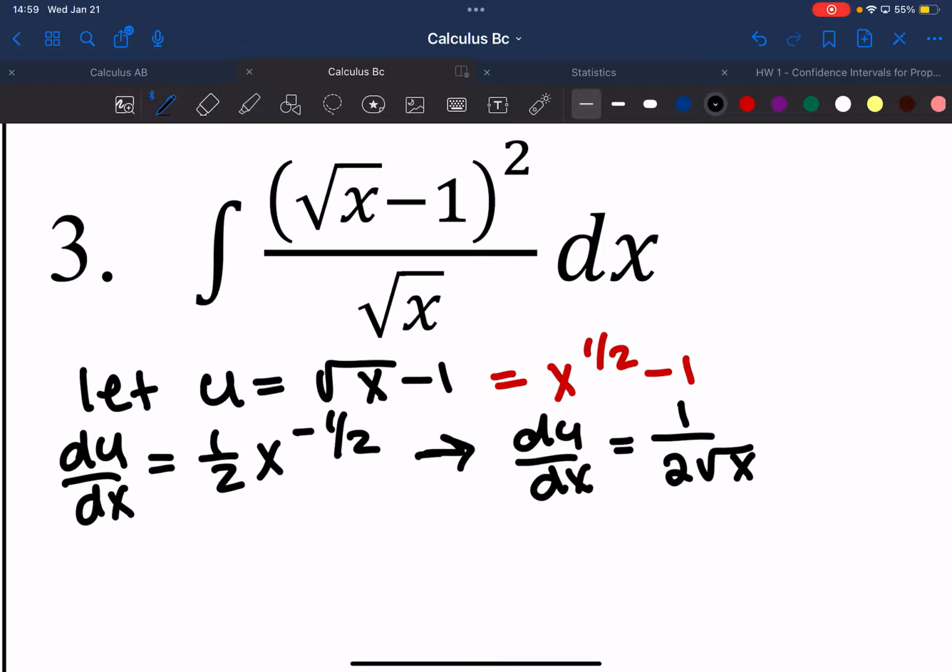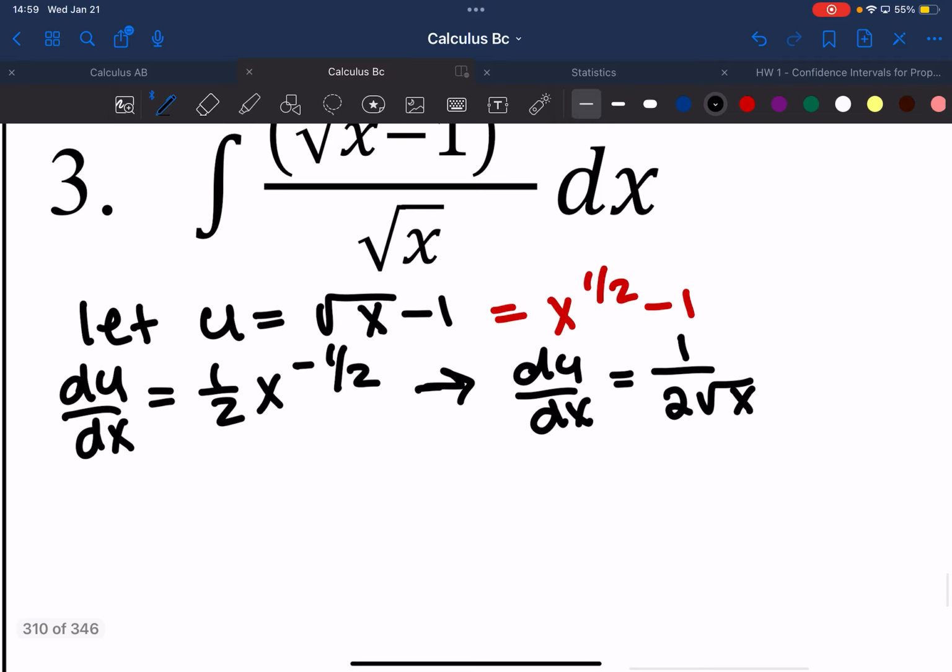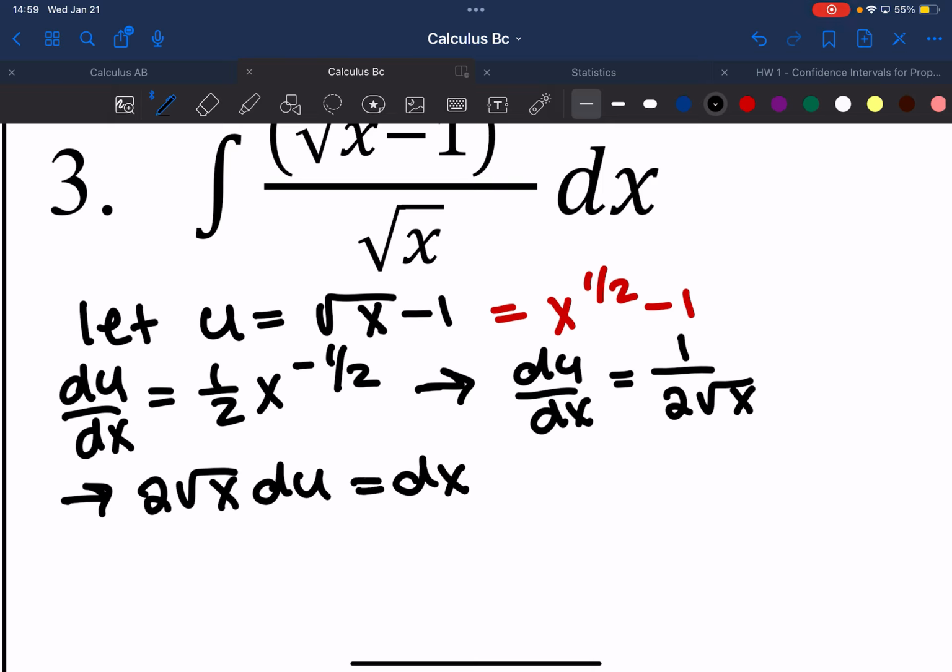Right, I just brought the radical back. Okay, the reason for that is I now have a fraction equal to another fraction, so I can get rid of the fractions by cross multiplying. See, algebra 2. Well, algebra 1. Okay, so then this means that 2 square root of x du is equal to dx, because dx times 1 is dx. So now I have dx isolated, I have u isolated, I'm going to plug everything back in.